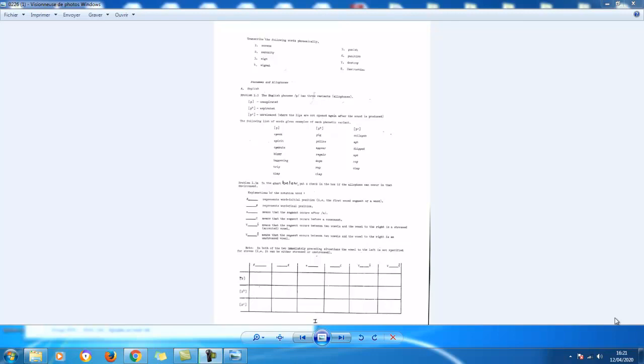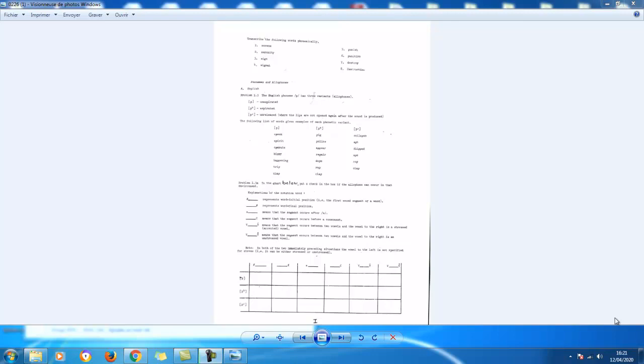And of course, phonemes can be pronounced in different ways. So it's something which is abstract, and it takes different forms, different realizations according to different environments. For example, we're talking about L as a phoneme in English.